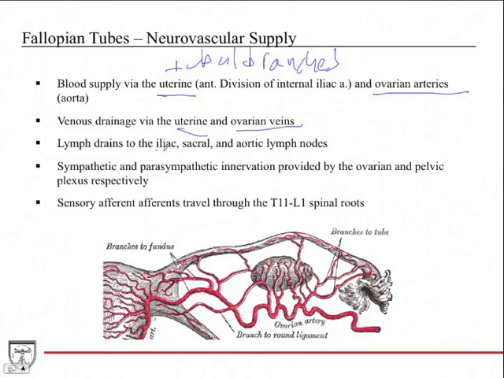The lymph drains to the iliac, sacral, and aortic lymph nodes. The sympathetic and parasympathetic innervation is provided by the ovarian and pelvic plexuses respectively. So ovarian sympathetic, and then pelvic plexus is the parasympathetic plexus supplying the fallopian tube. And then the sensory afferents travel through the T11, L1 spinal roots.